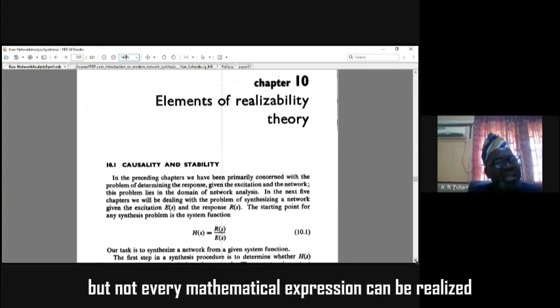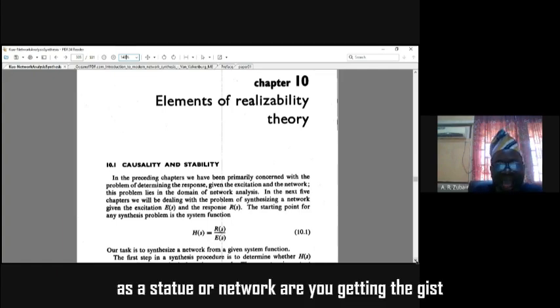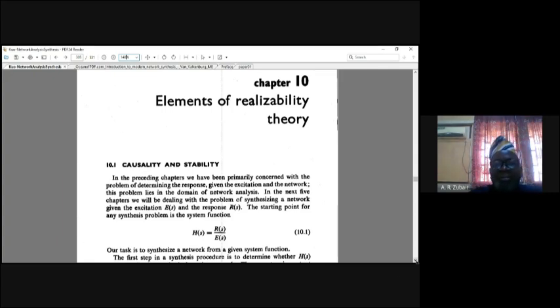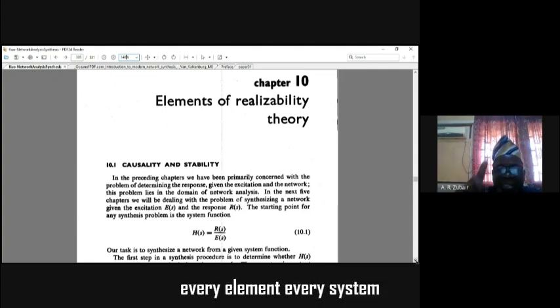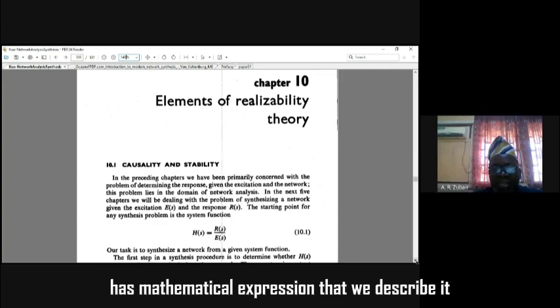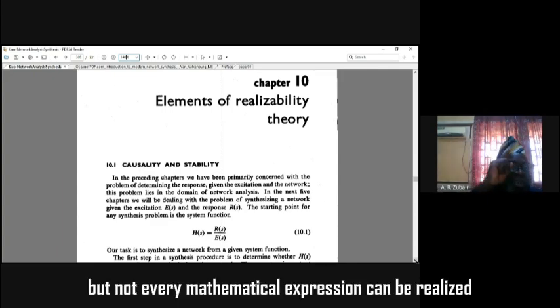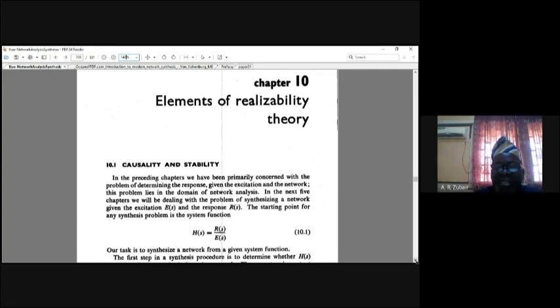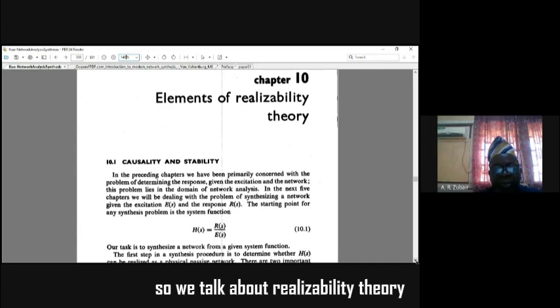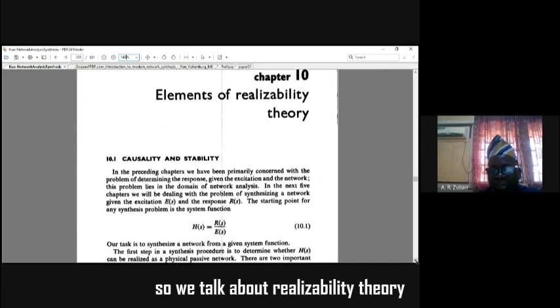But not every mathematical expression can be realized as a circuit or network. Are you getting the gist? So we talk about realizability theory.